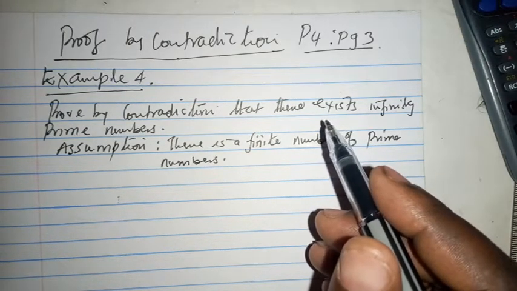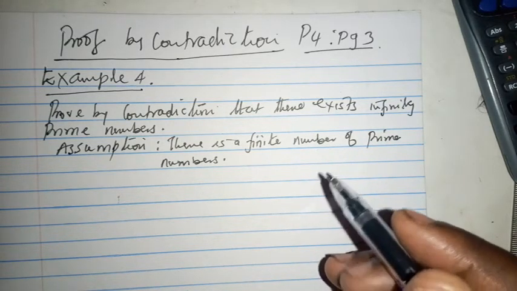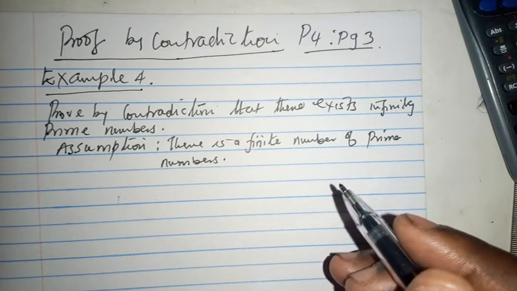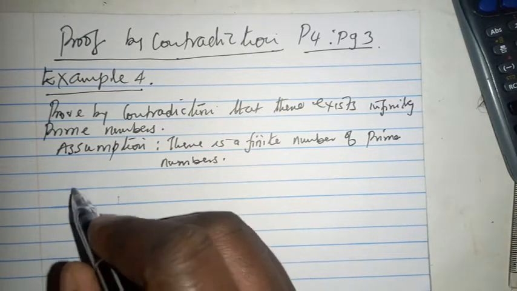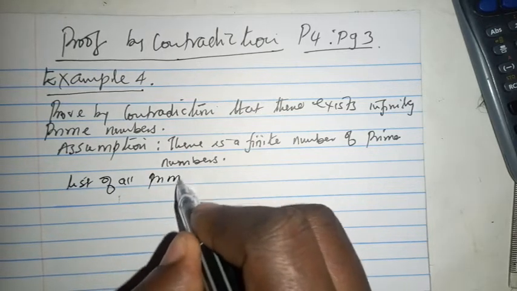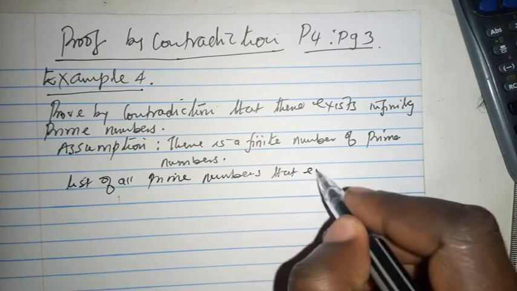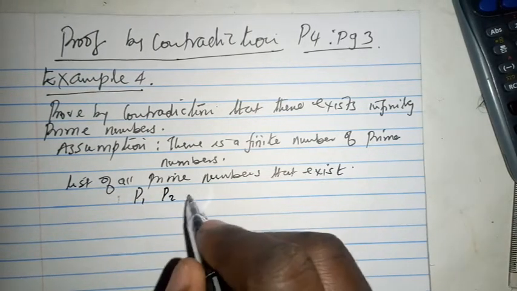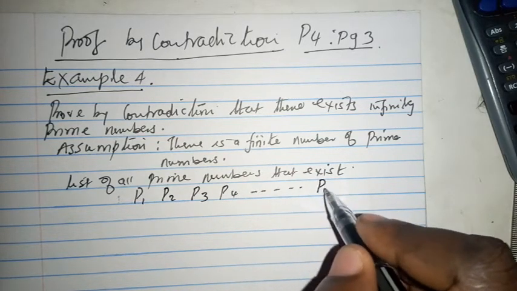As example 4 is explaining, let's list all the prime numbers that exist. We may have prime number p1, p2, p3, p4, all the way until prime number pn.